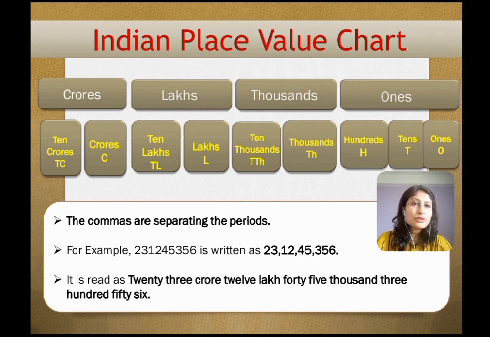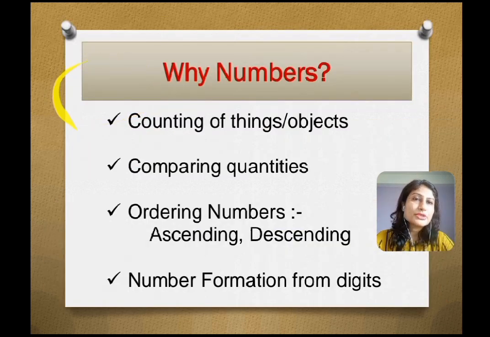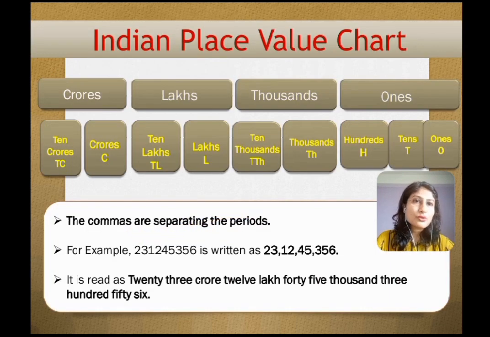Now how to read this number? So it is 23 crore 12 lakh 45,356. So first we have read this period as crores, then lakhs, then thousand and so on.